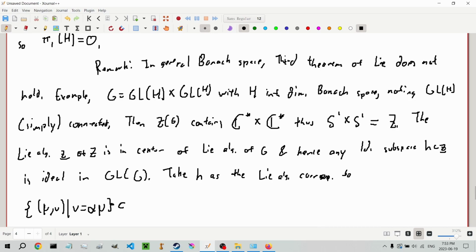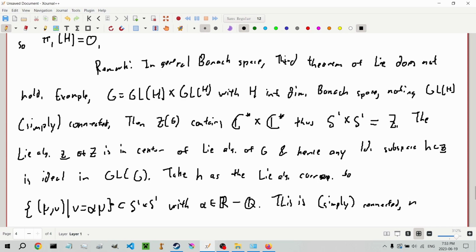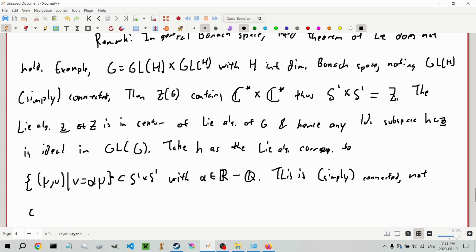This is of course a subset of S1 times S1 with alpha being irrational. This subgroup is both connected and simply connected, and is not closed in G. So we can't have this third theorem in a more general context.